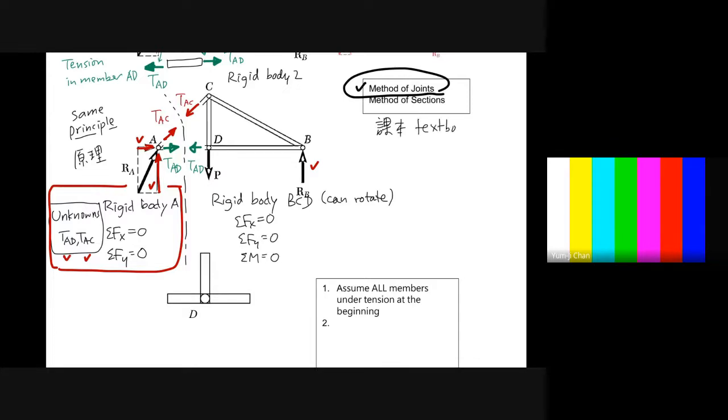In the textbook, we have method of joints and method of sections. We are using method of joints in my course.